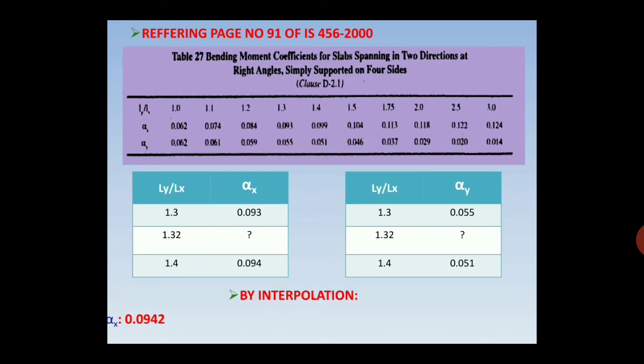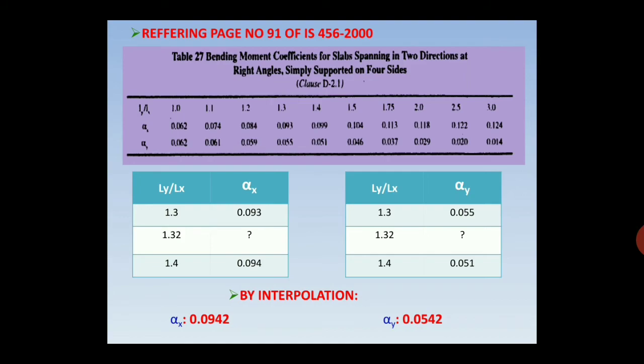By interpolation we get alpha x as 0.0942. Now see here, it will be very close to 0.093 as the value is just ahead by 0.02, that is, 1.3 and 1.32. So your answer will be very close to 0.093, and we have got 0.0942. Then in case of alpha y, similarly we have got by interpolation 0.0542. Now these interpolation steps you should be perfect by this time, because we have already done these steps extensively in your shear calculation.